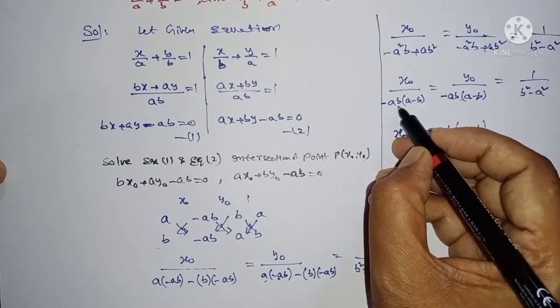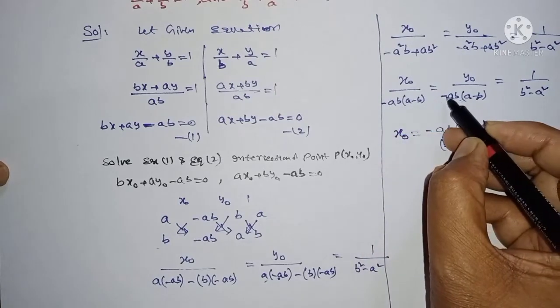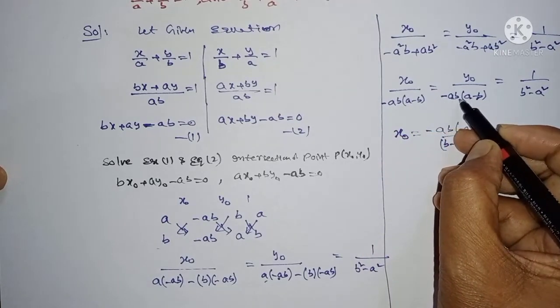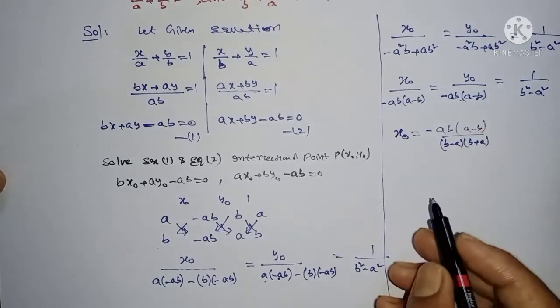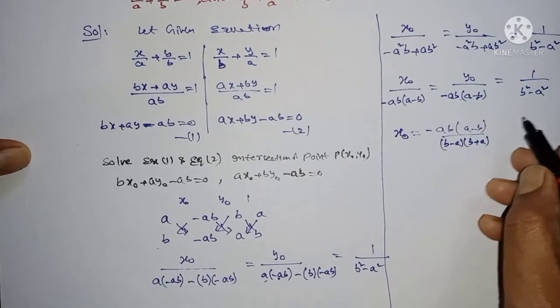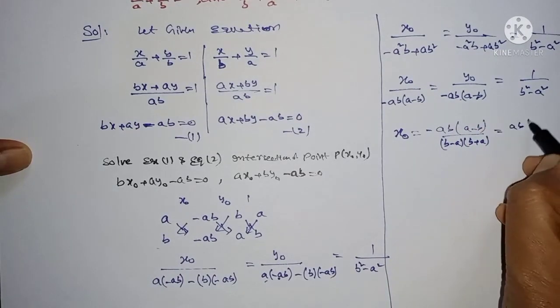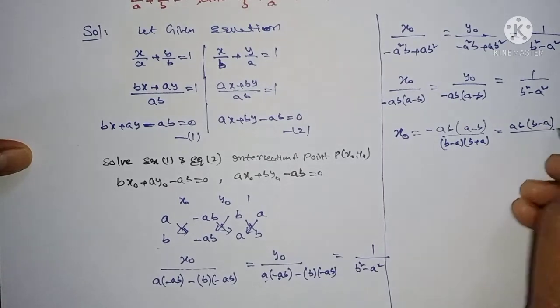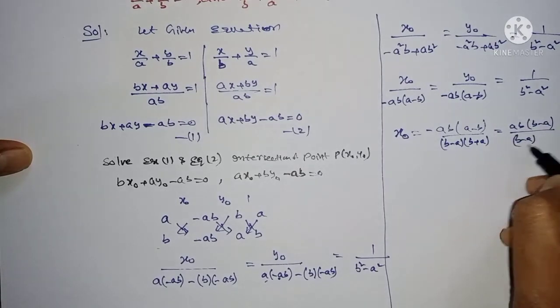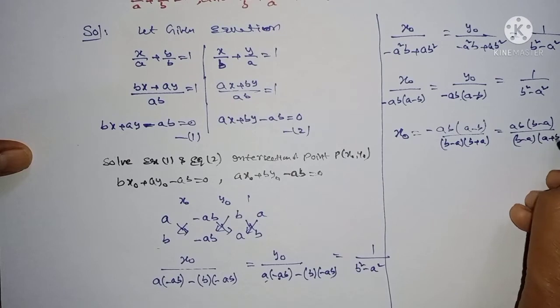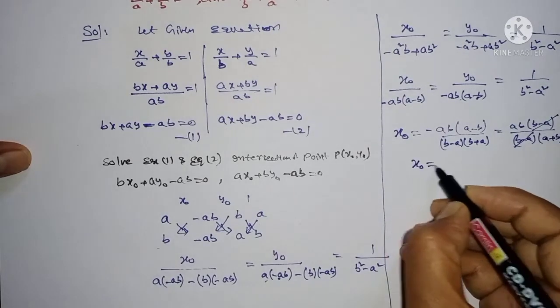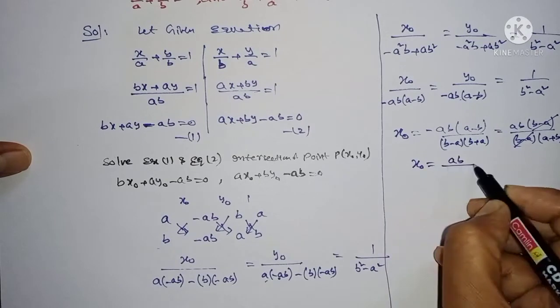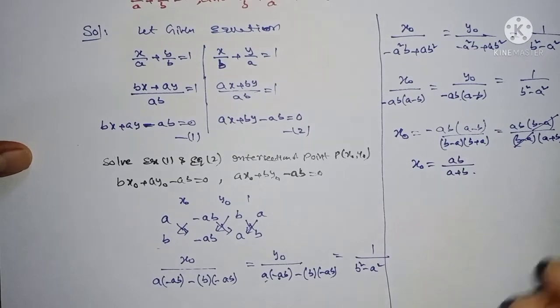I am taking minus of ab common, a minus b. Therefore this can be written as ab(b - a) by (b - a)(a + b), or b + a, both are same. b minus a cancels. x naught is equal to ab by (a + b).